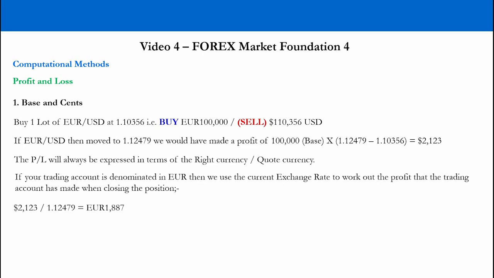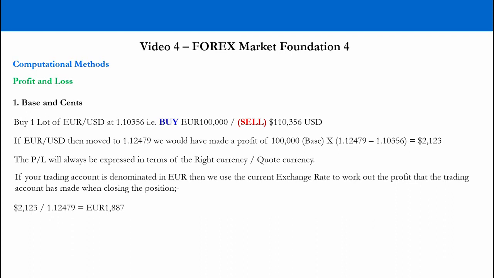And this is always the case. The P&L and exposure, as we saw earlier, will always be expressed in terms of the right currency. So the currency on the right-hand side, the quote currency. Now, if your trading account is denominated in the base currency, so in this case, the euro, then we basically use the current exchange rate to work out the profit that the trading account is going to make in the base currency terms.